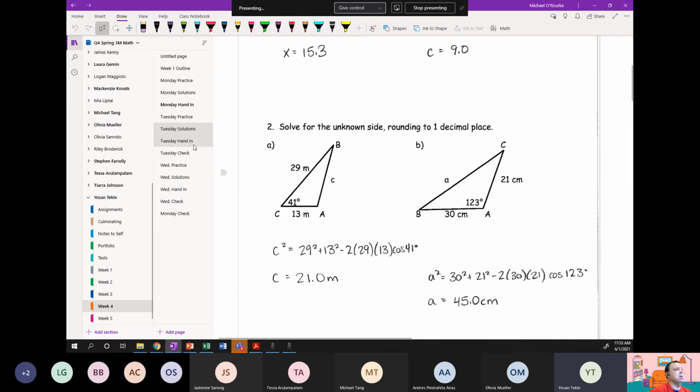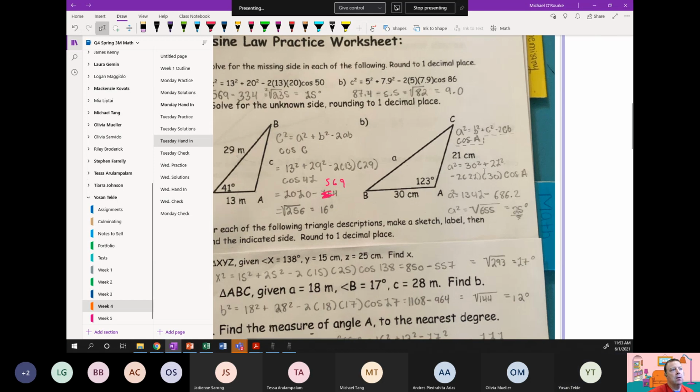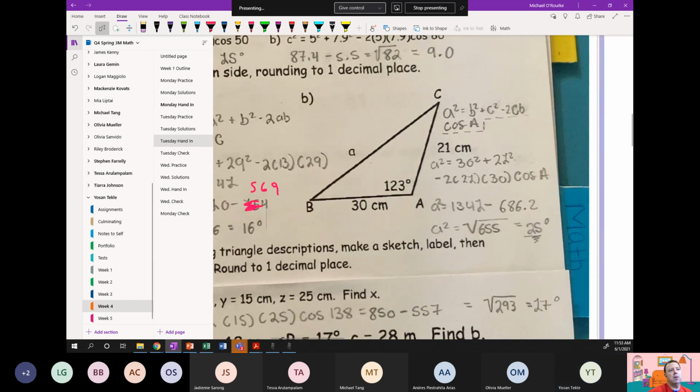And how about for C? Oh, no, not for C, for B. Well, you never wrote in cos 123 here, so I'm anticipating that's your error there.